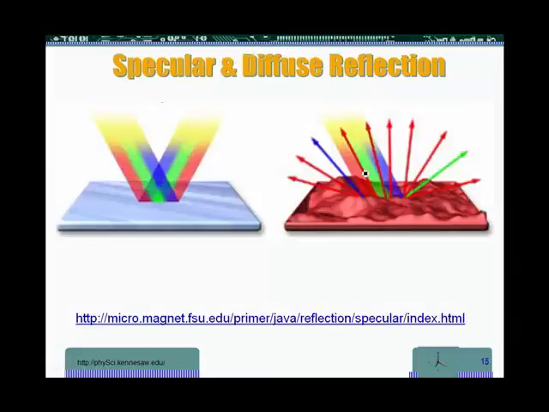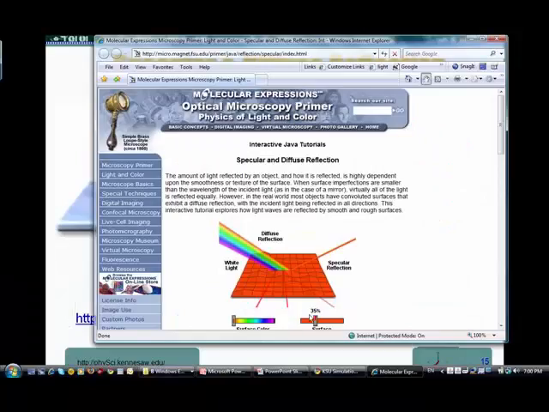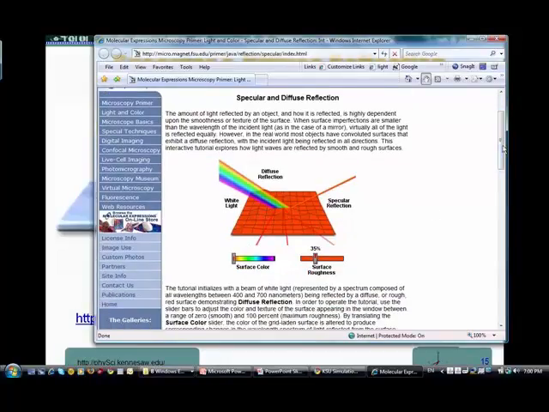Okay, we played with this simulation before, but I'll play a little bit more with it. Remember, when we shine light over a surface, it's going to reflect only light at the same color as that surface. And if it is white, it's going to reflect all colors.